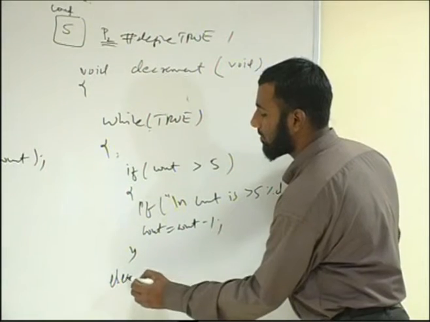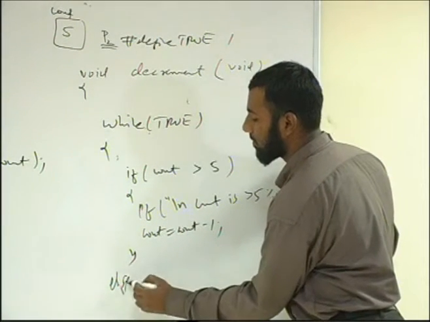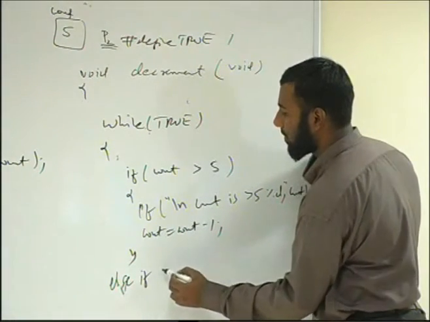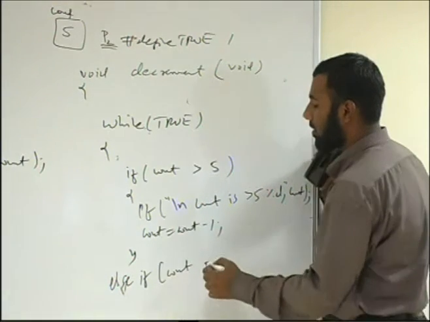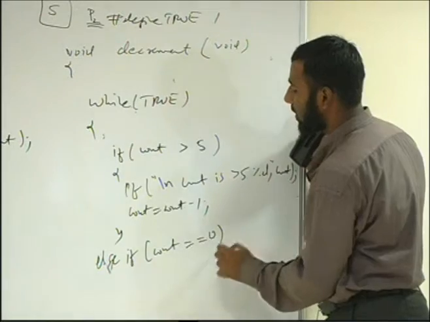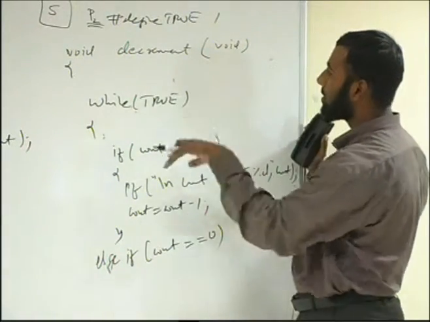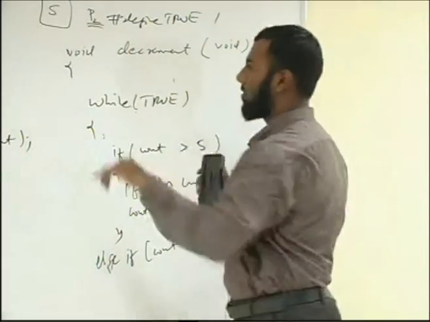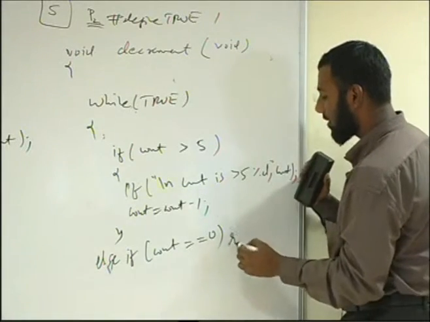Else it checks if count is equal to 0. If the value of count is already 0, it never takes a negative value. We are assuming that. So it returns 0.